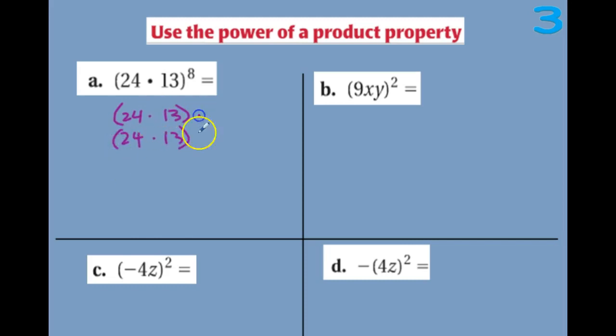And because this is all multiplication, it doesn't matter what order you do the multiplication in. So I know there's a 24 8 times. 1, 2, 3, 4, 5, 6, 7, 8. And I know there's a 13 8 times.